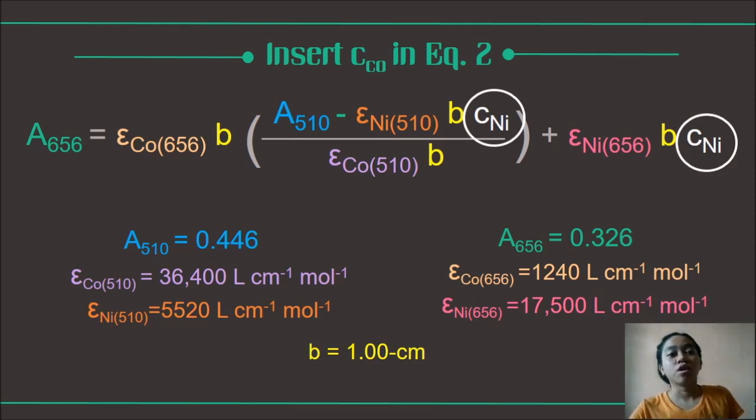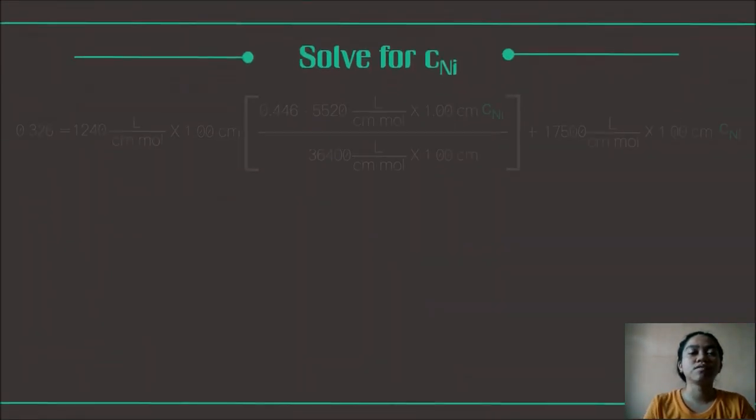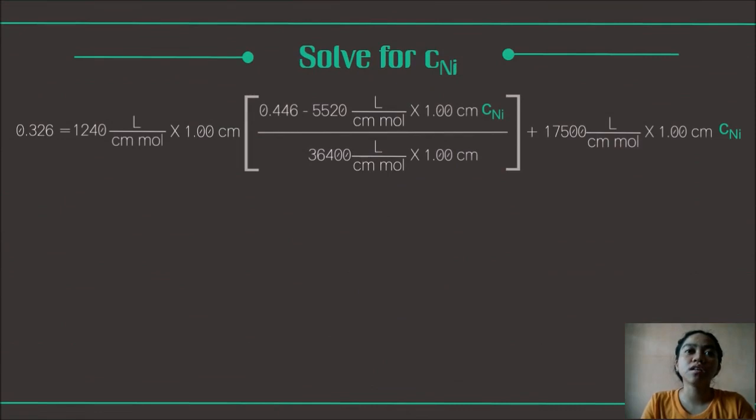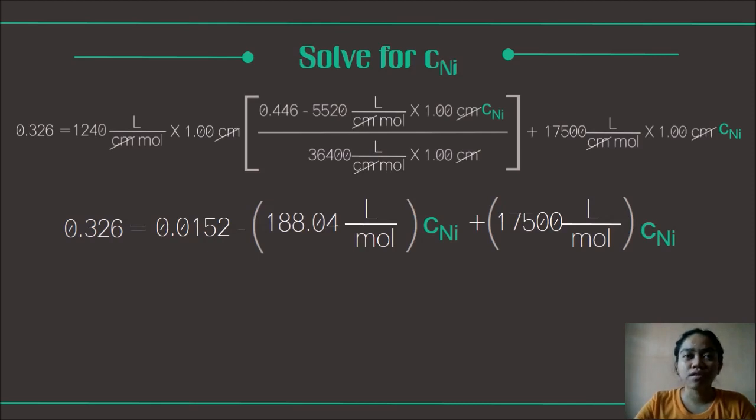So this is what we're looking for. Solving for the concentration of nickel, I put the values in the formula earlier. As you can see here, we need to solve for C_Ni, canceling units, then we will end up with this. Then further solving for it, we will end up with this.